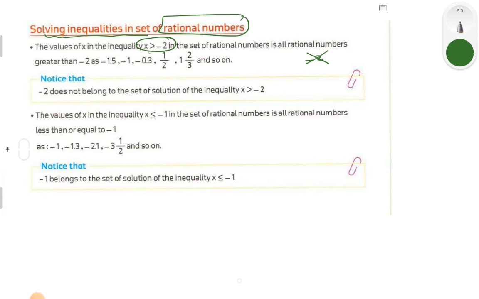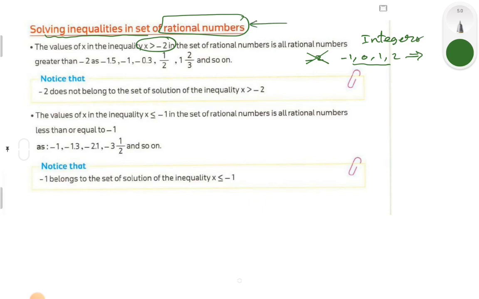Okay, but x greater than -2, so it's maybe -1 or 0 or 1 or 2 and so on. But these numbers are integers, right? Yes. But here we have rational numbers.